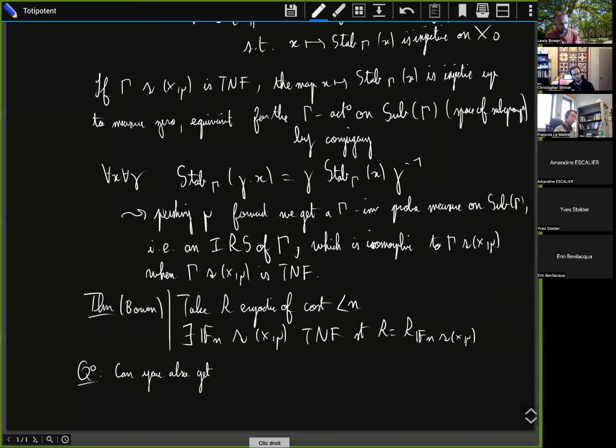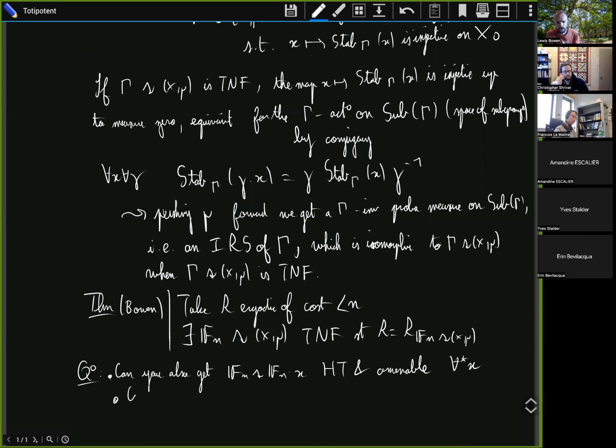Can you also get Fn acting on the orbits highly transitive and amenable for almost every x? This is a strengthening of the non-freeness. And also, can you get a faithful Fn action?